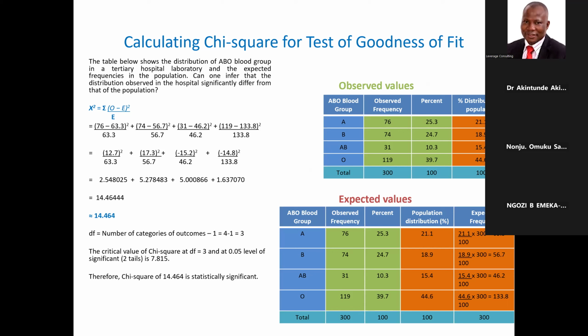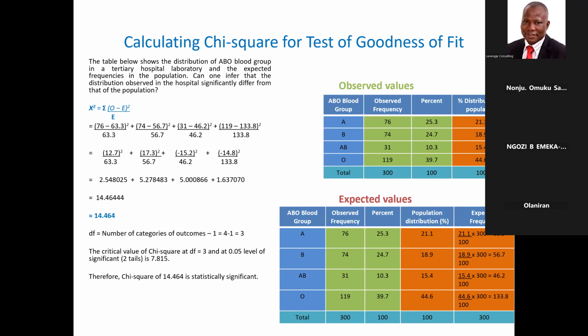What you observe is 76 out of 300 is A, which translates to 25.3%. B is 74 out of 300, which translates to 24.7%. AB is 31 out of 300, which translates to 10.3%. And O is 119 out of 300, which translates to 39.7%.